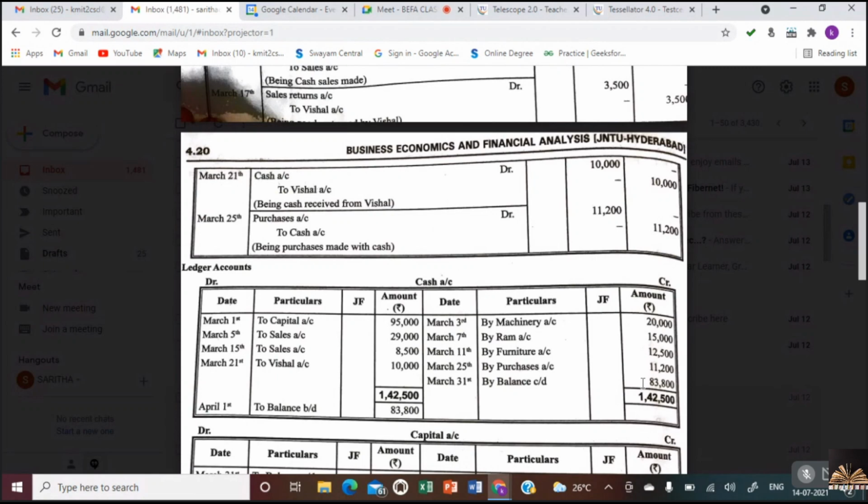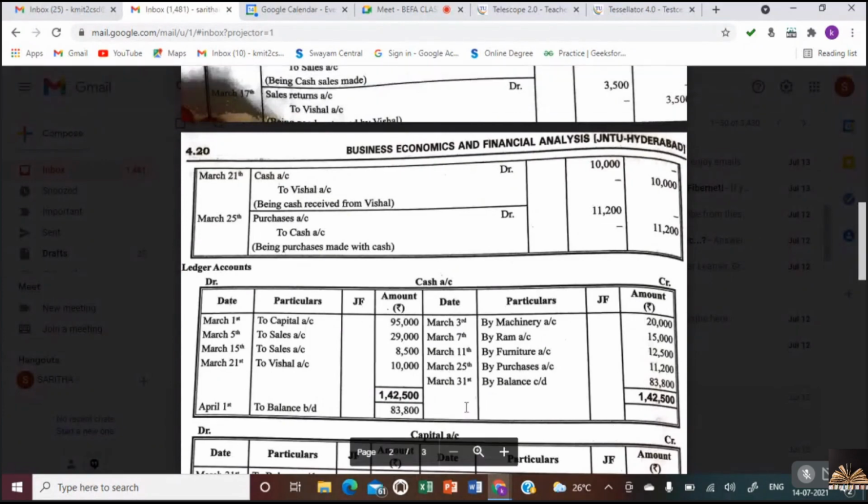58,700. Now 58,700 should be deducted from 1,42,500.